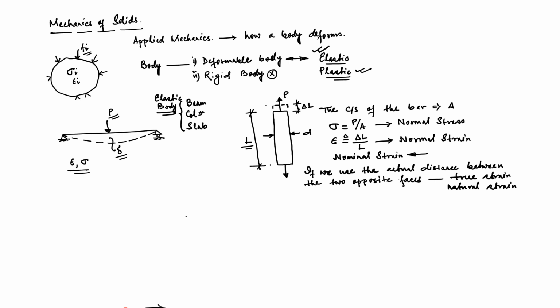Now, you all know that stress is proportional to strain over a loading range, obviously, and stress by strain is called Young's modulus, E. So, this is the material property.